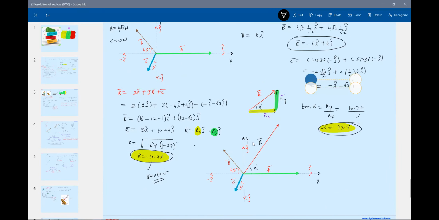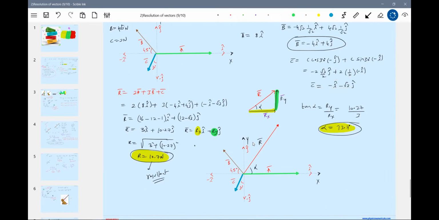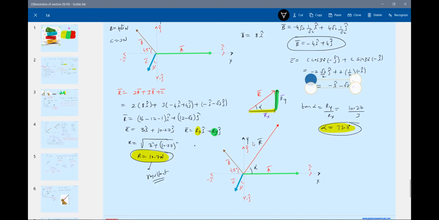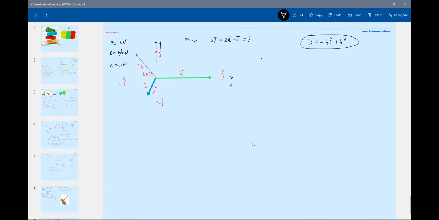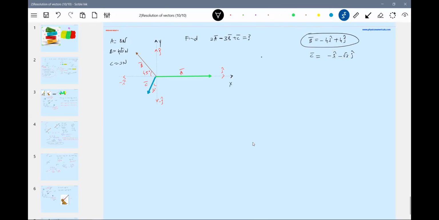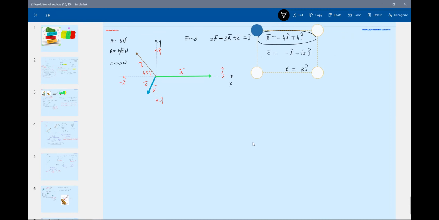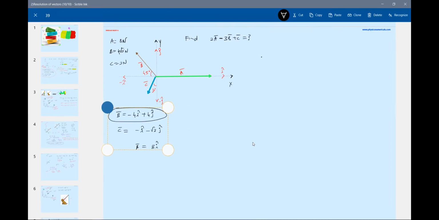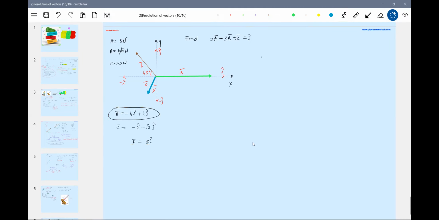C bar is this. And what is A bar? A bar is 8 I cap. This is very easy. Anybody can find out. Let's bring it here, nearby the diagram. By looking at the vectors, we are able to gather this much information.